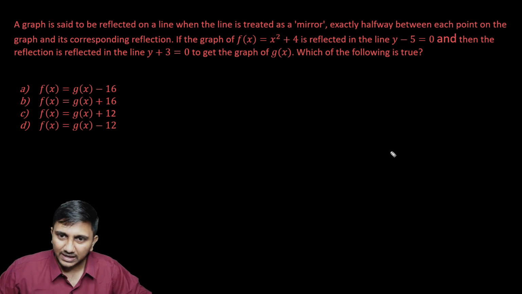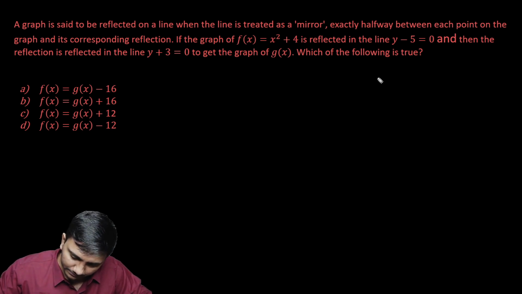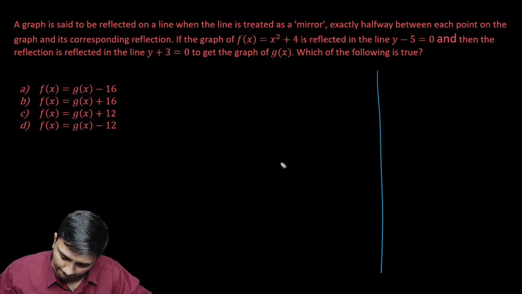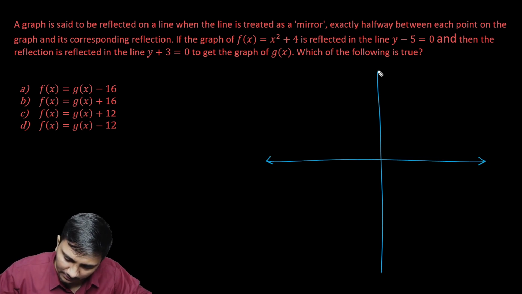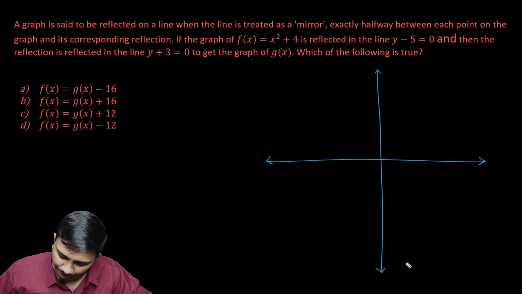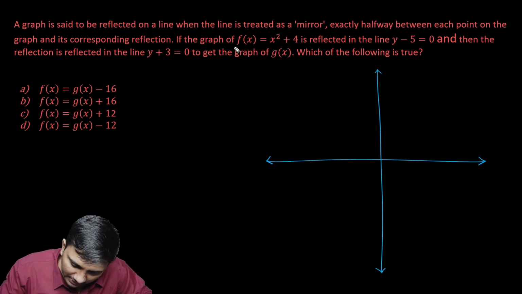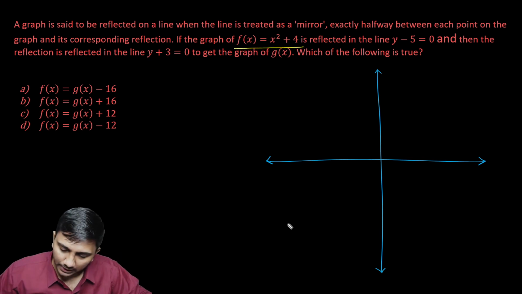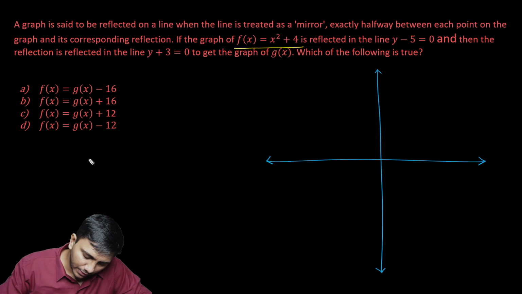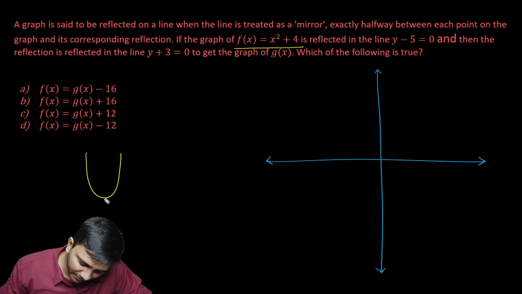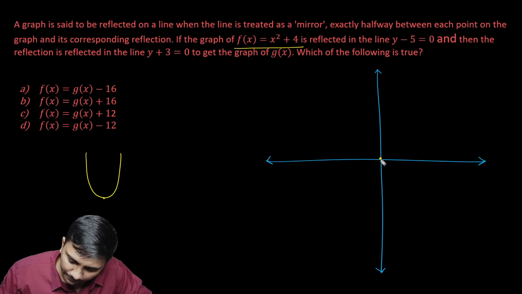Let's say the coordinate axis is like this. Let this be the x-axis, let this be the y-axis. We are supposed to figure out the graph of f of x is equal to x squared plus 4. First, let's start with x squared. x squared is going to be a U-shaped graph where the bottommost point will be at the origin.